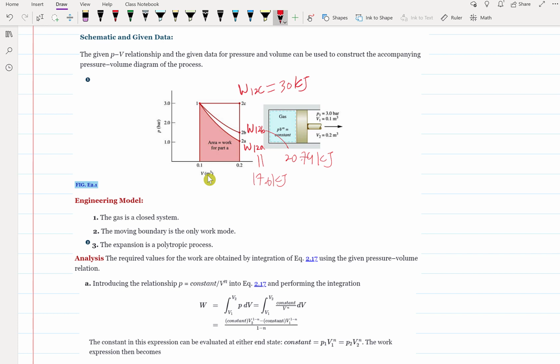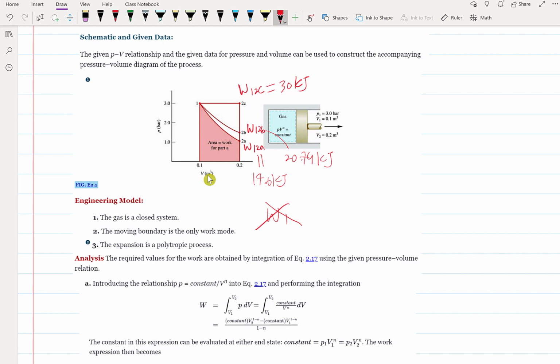Let me define W1. So what is W1? So it is the work at state 1. So does it make sense to you? So we don't define the work in a state. So work is not a property. So we cannot define work at a state.